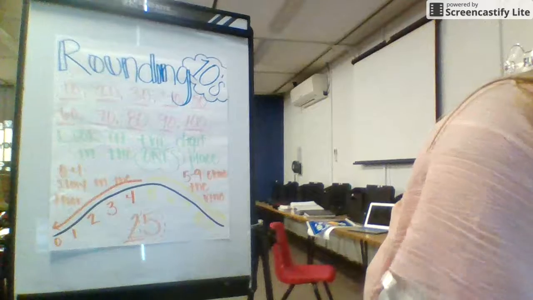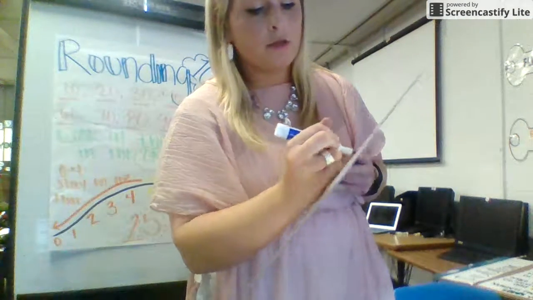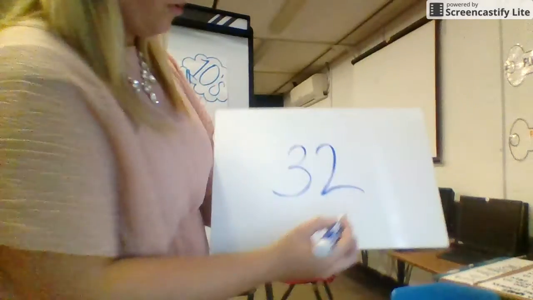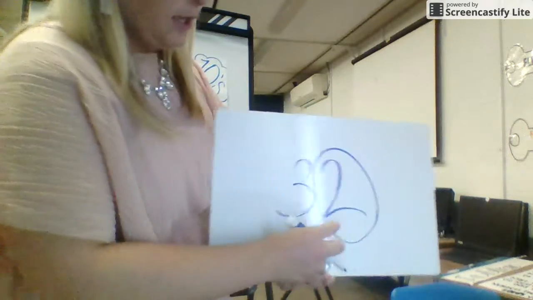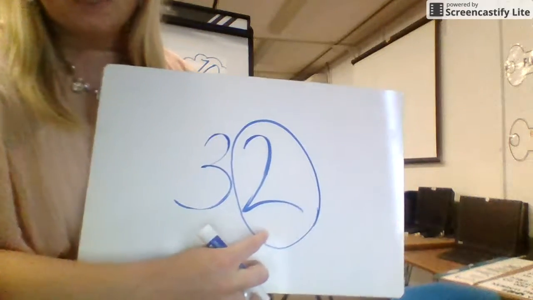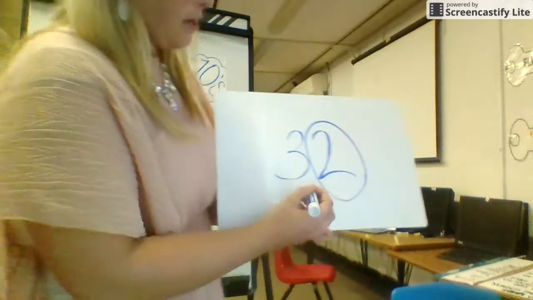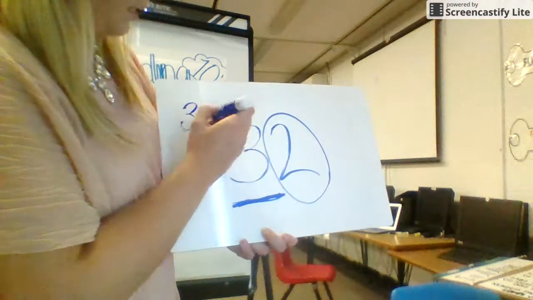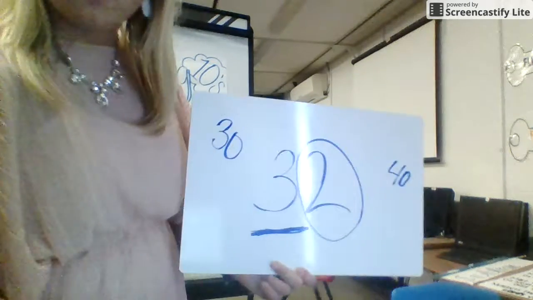For another example, we're going to go with 32. So again, I'm going to circle my ones, because that is going to help me determine whether or not I'm going up or I'm staying down. And our 3, I'm going to underline, because we know we're going to be finding this number. Is it closer to 30 or is it closer to 40?